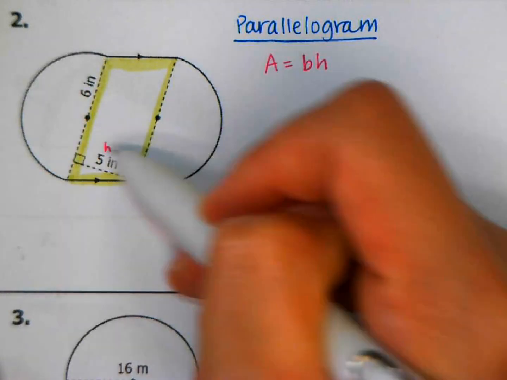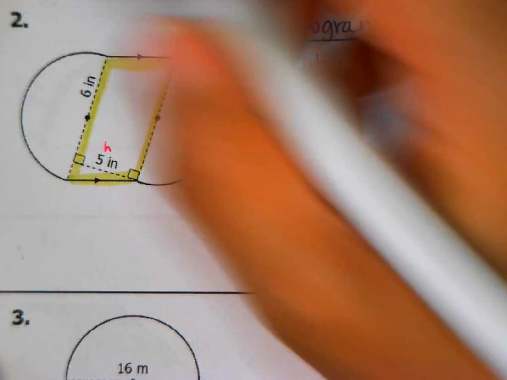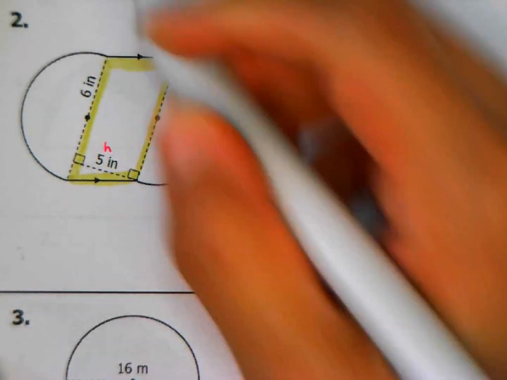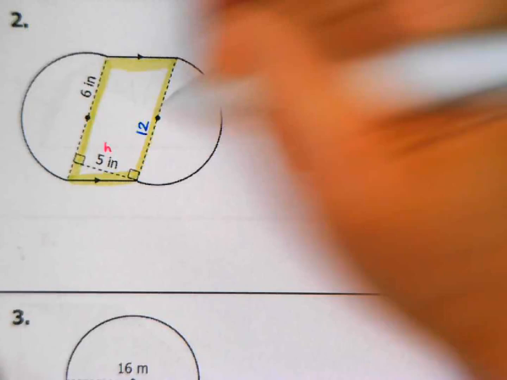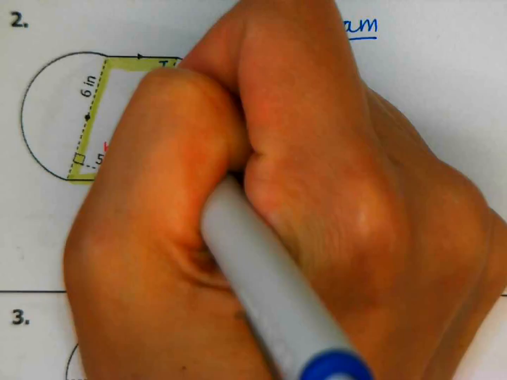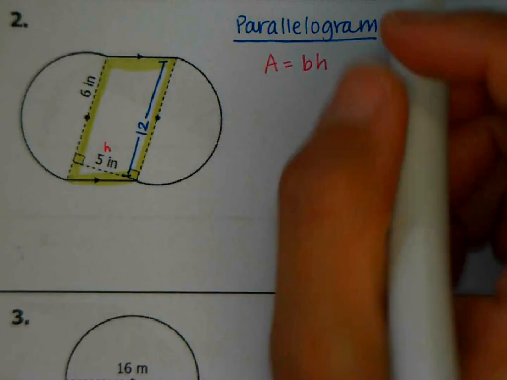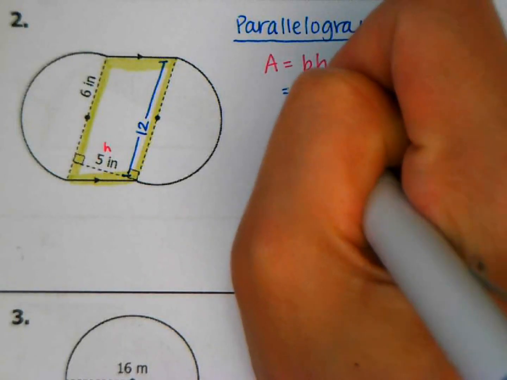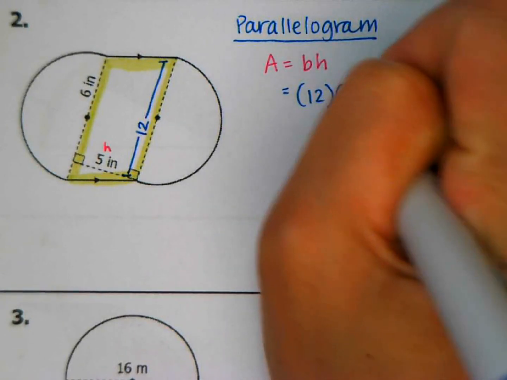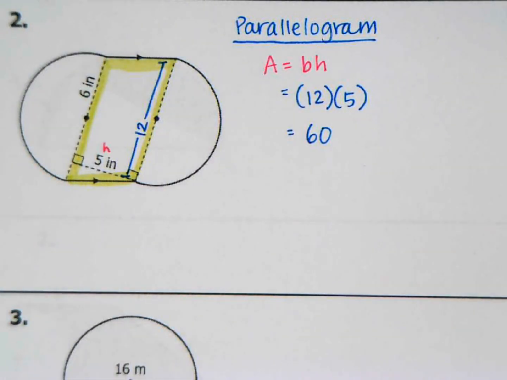We can assume that they're going to be the same. If it's 6 and 6, it's going to be 12 for the entire thing, from here all the way to the end. So the base is 12, the height is 5, the area of this parallelogram is 60.